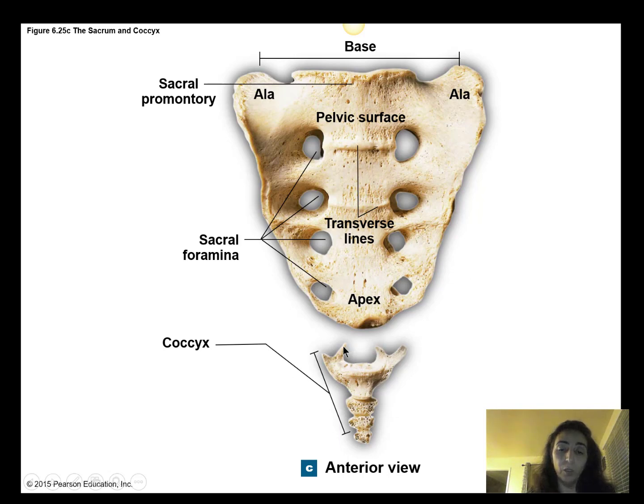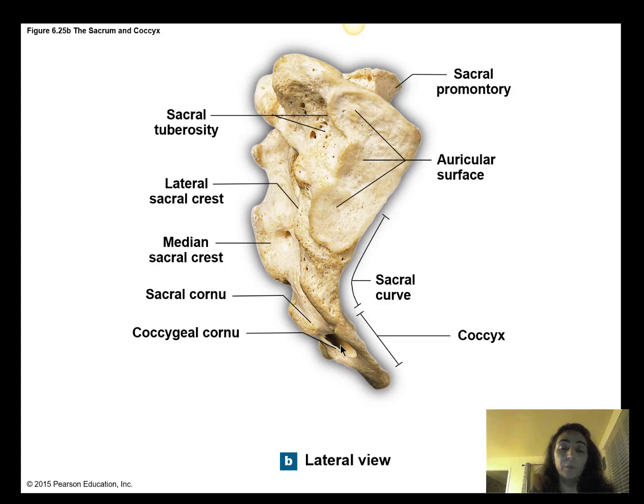These are coccygeal cornua on the upper part of the coccyx. And pay attention that the coccyx can be called coccygeal bone, and specifically if there is more than one, they call it coccygeal bones.